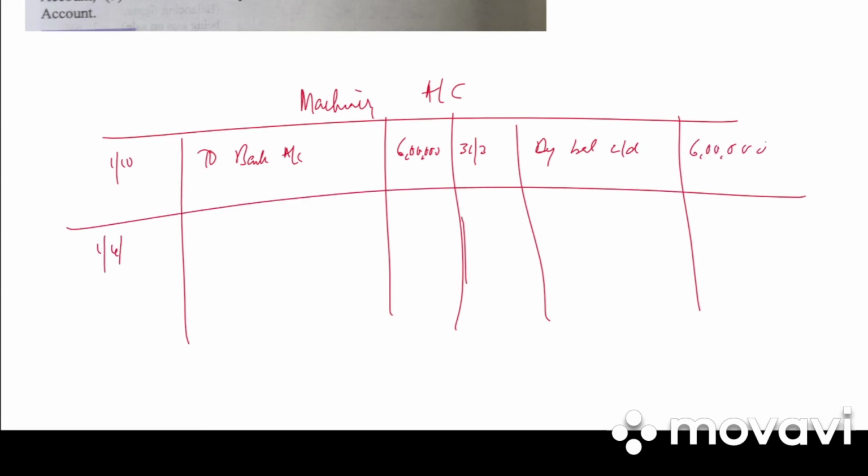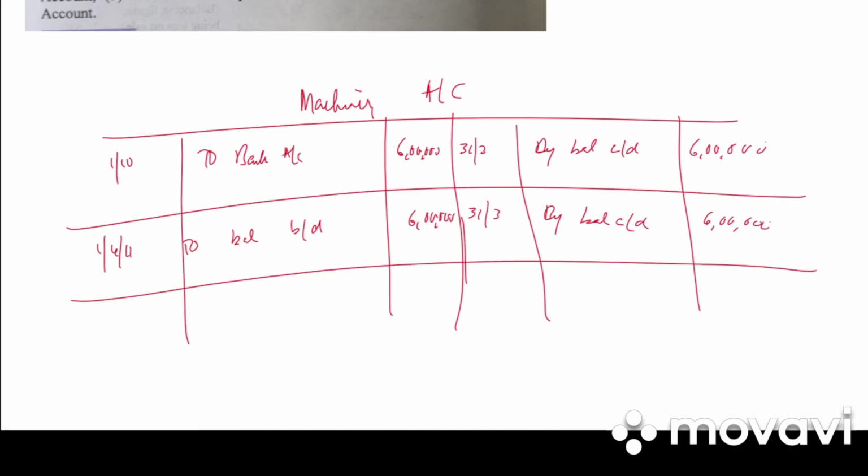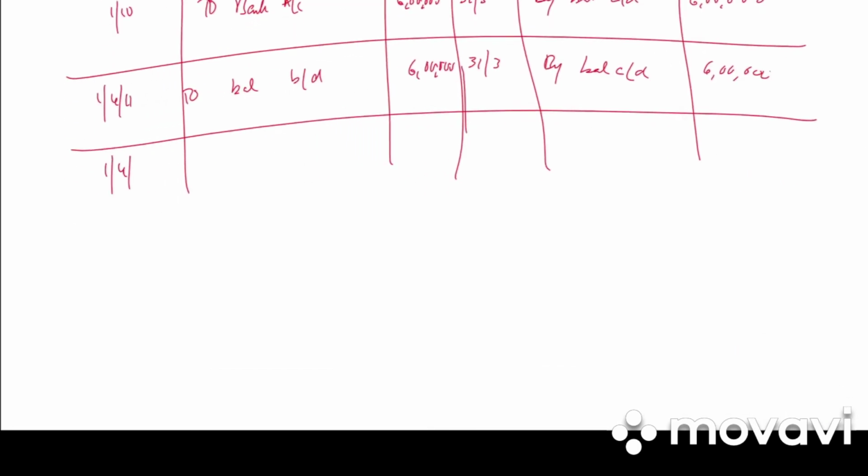Then on 1st April 2011 to balance brought down 6 lakh. 31st March by balance carried down 6 lakh. On 1st April 2012 to balance brought down 6 lakh.